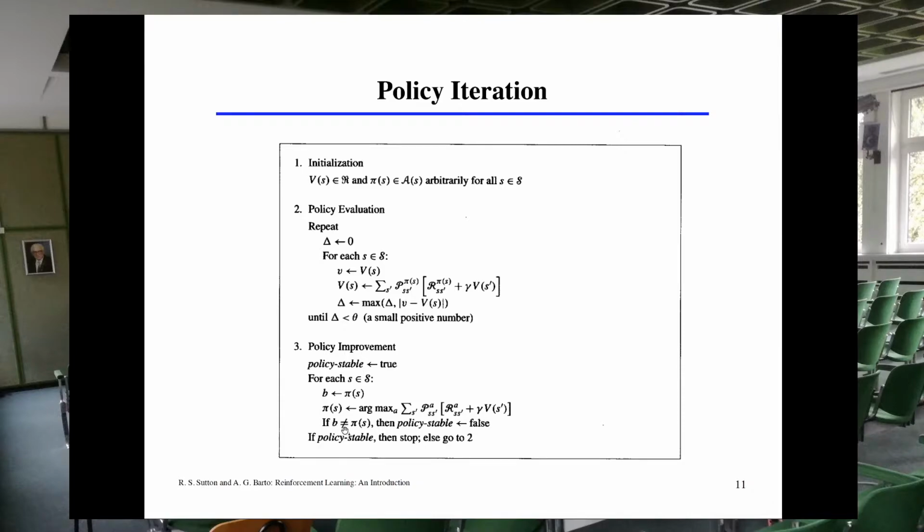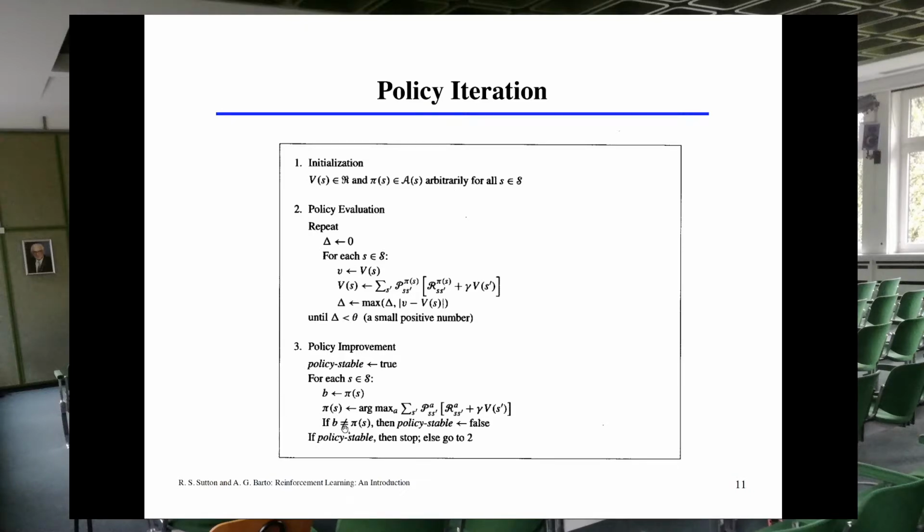If the policy is not stable, so at least one of the states changed the best action, then you need to go again to policy evaluation. You update the values for every state, so you perform policy evaluation, and then you go again to policy improvement. You update the policy and check again.